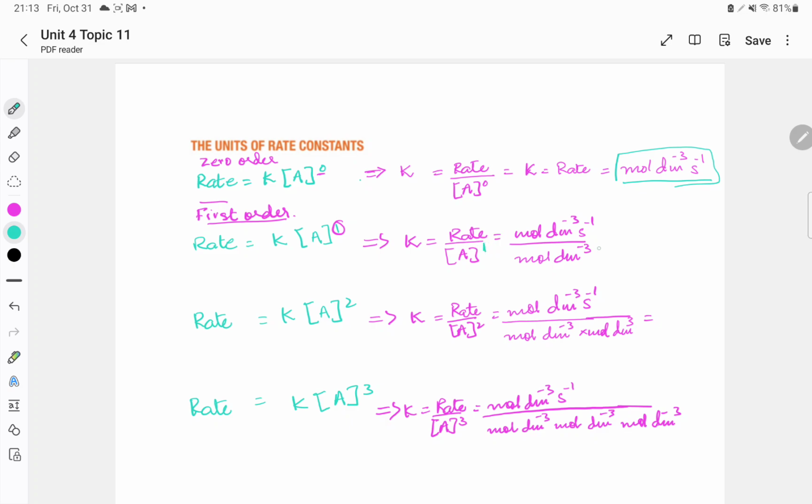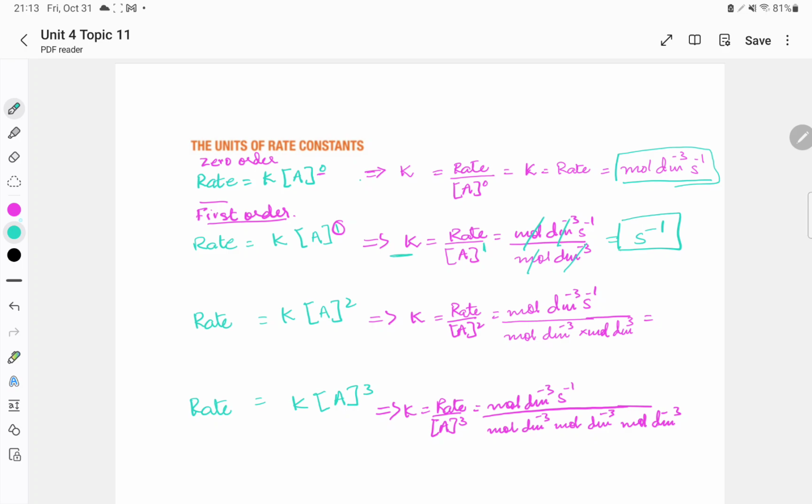The unit of rate is moles per dm cube per second, and for concentration it is moles per dm cube. So we cancel out this with this and this with this. What we will be left with is only per second. So for first order, the unit of k, that means the unit of the rate constant, is per second.